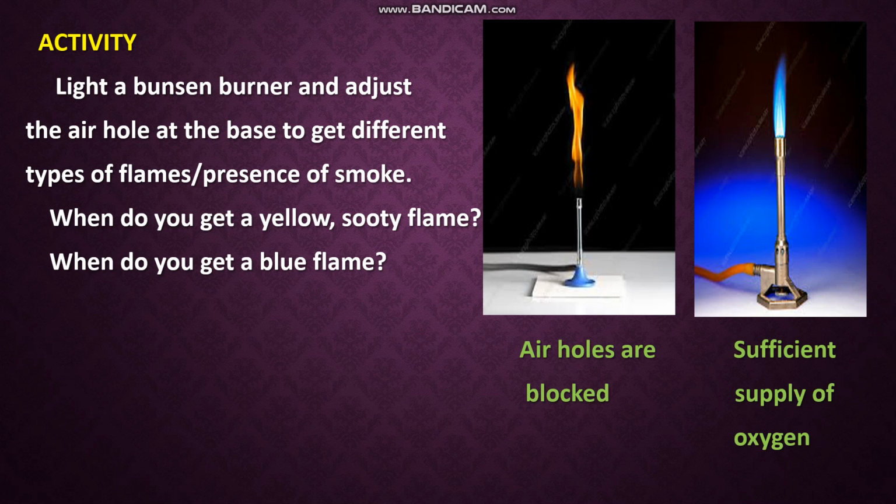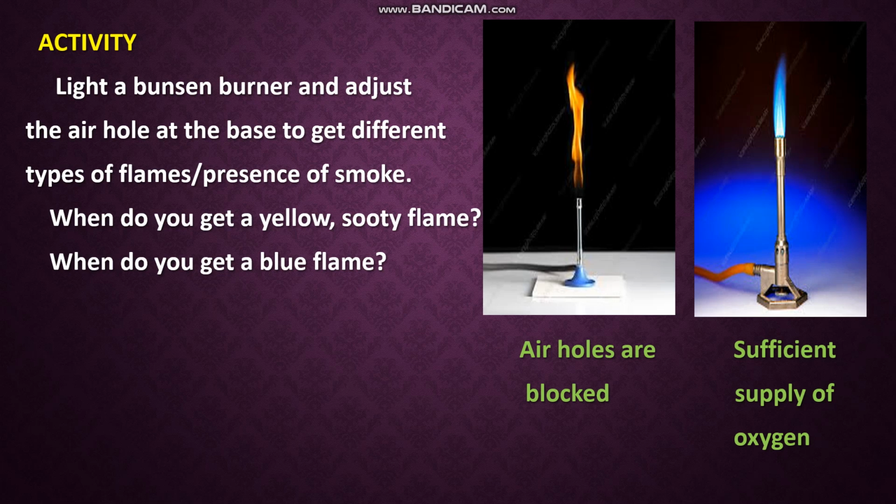If the air holes are blocked, the substance is not getting sufficient oxygen to burn, so a sooty flame forms. Due to this incomplete combustion, a yellow sooty flame is formed.